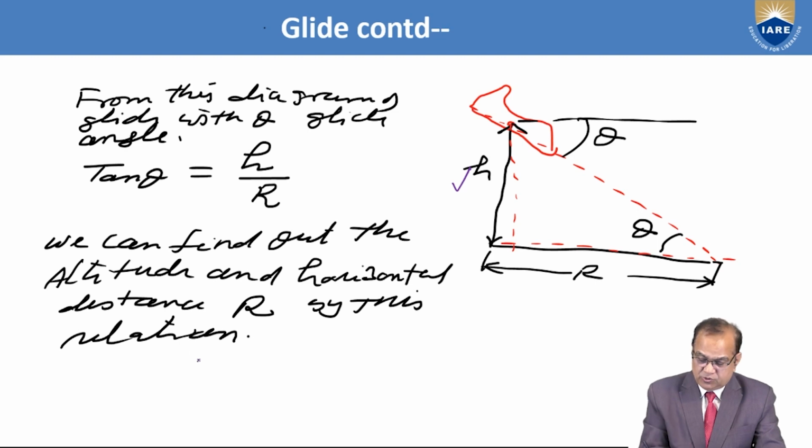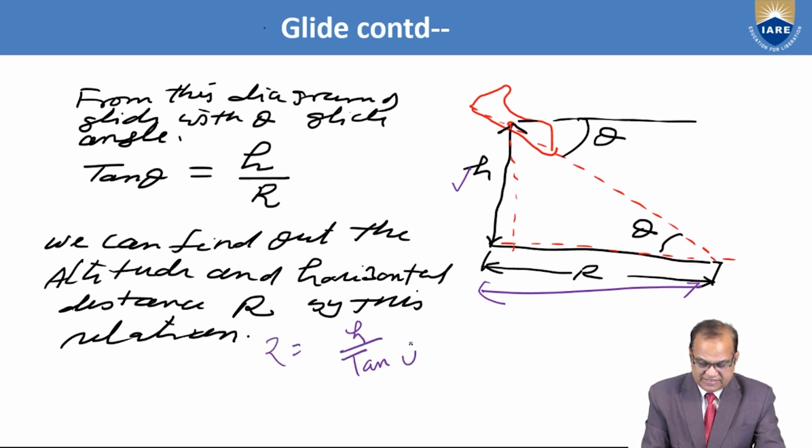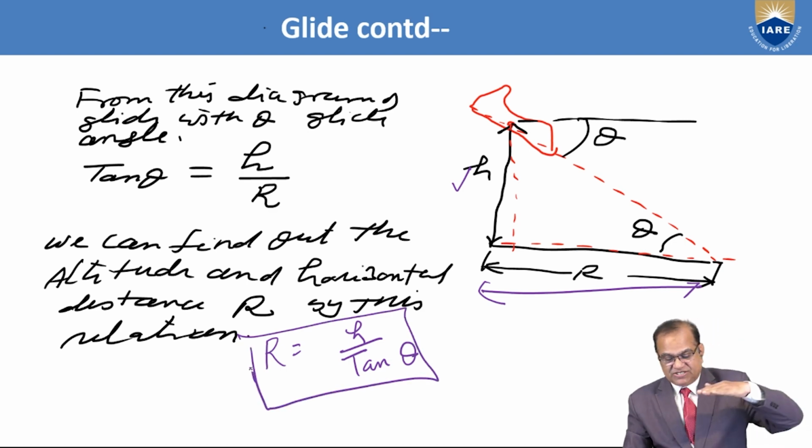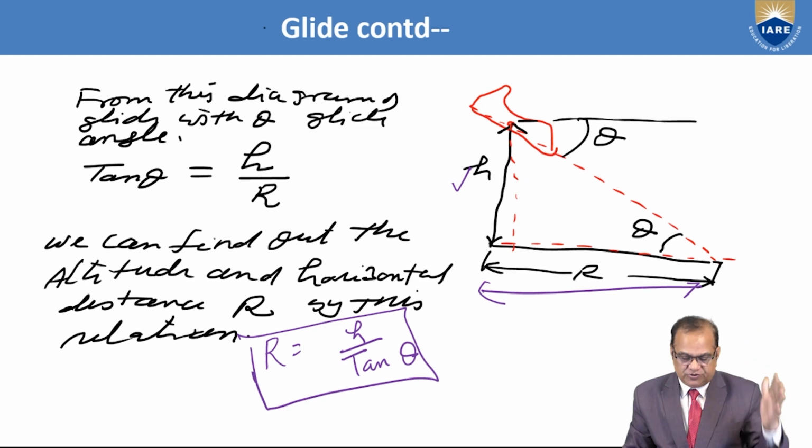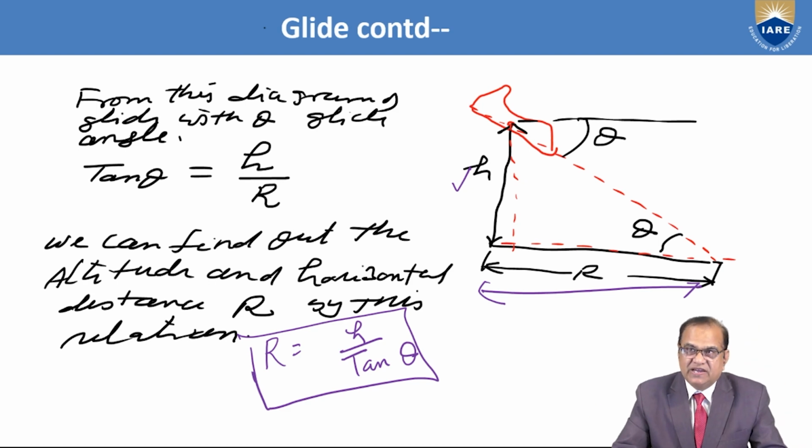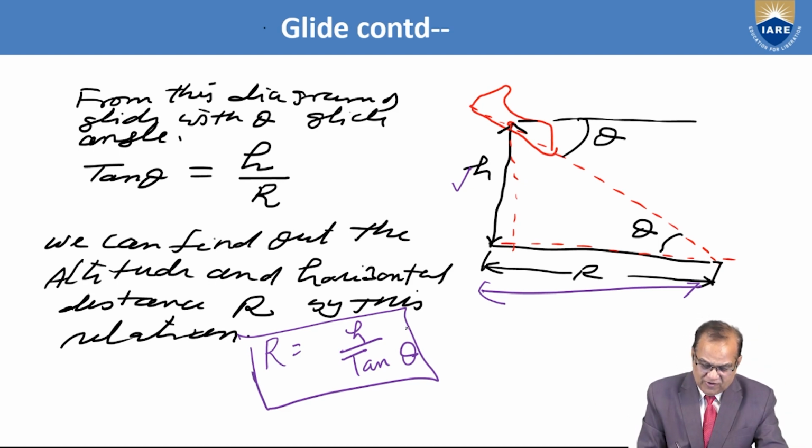If you know theta and the altitude, you can find how much range it will go by using r is equal to h by tan theta. So the pilot can calculate that if my angle is this and my altitude is this, how much distance I can cover. If the value of theta is low, your value of r will be high.